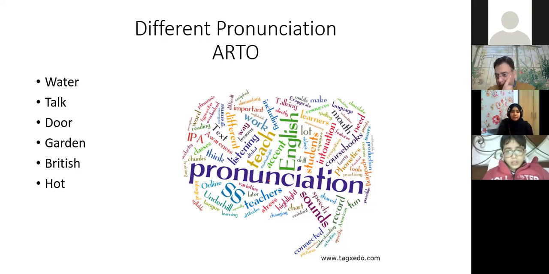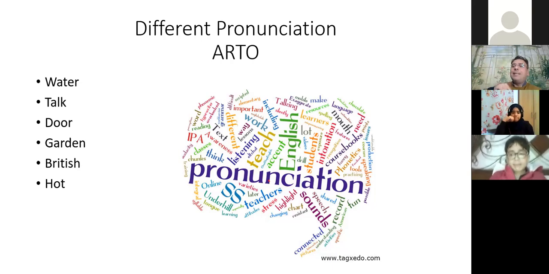Hot American. Take care that not every T is D. Not every T in American is D. Final T is T, and the initial T is T. Talk, it's T. Hot, it's T. But we talk about T in the middle, just in the middle.